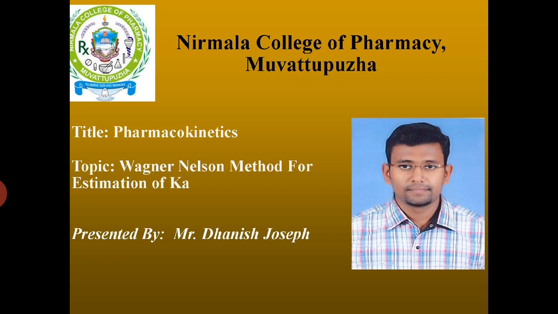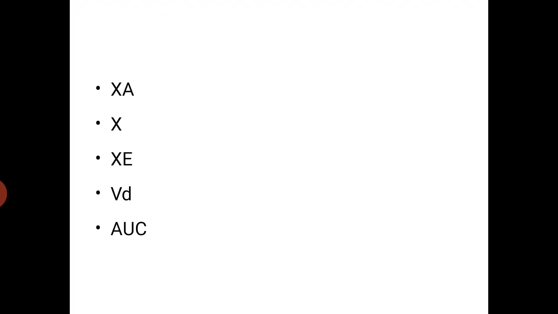So the Wagner-Nelson method is applicable only for determination of Ka for a drug molecule that follows one compartment model. We'll enter into the derivation. So in this derivation we will deal with the following variables.